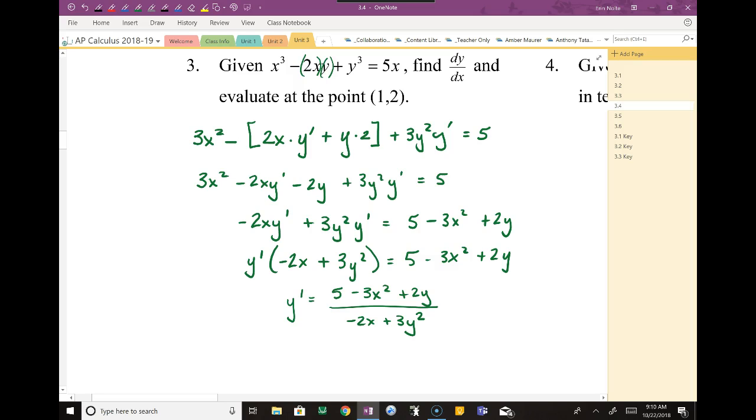If we go back up to the directions, it says find dy dx, which we just did. Now we got to evaluate at the given point. So now we're going to plug in the point 1, 2, and simplify. Every time I see an x, I'm writing a 1 in its place. Every time I see y, I'm replacing it with a 2.